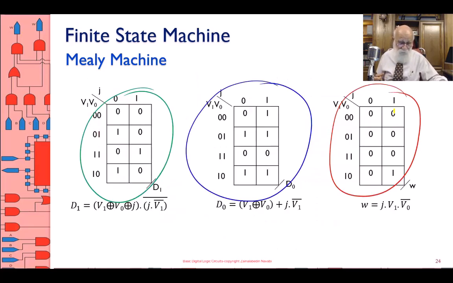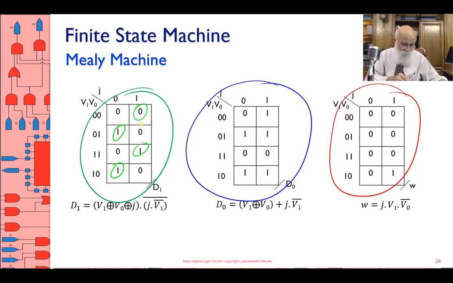And then what I have is doing the implementation. Look, here I have D1 is this, this. And if it were this, it would be XOR of V1, V0, J. Okay?